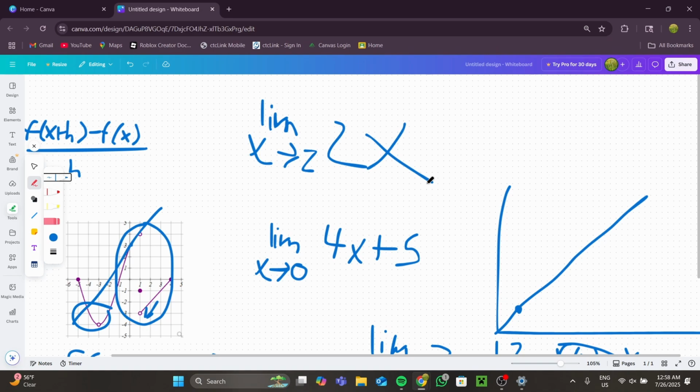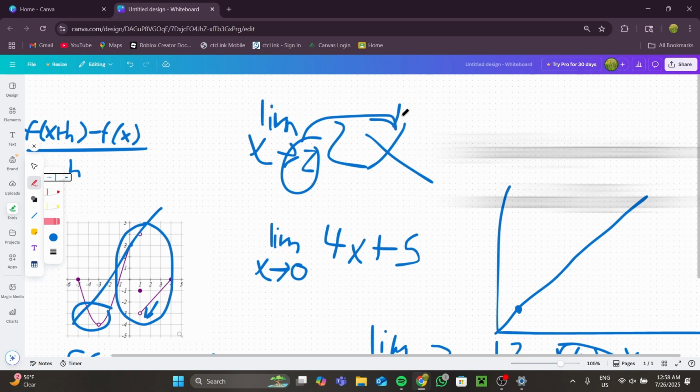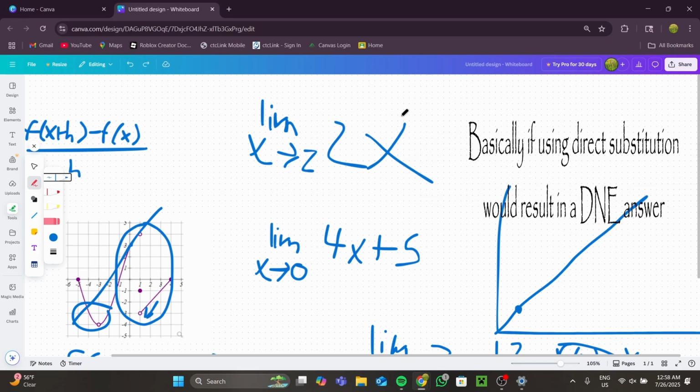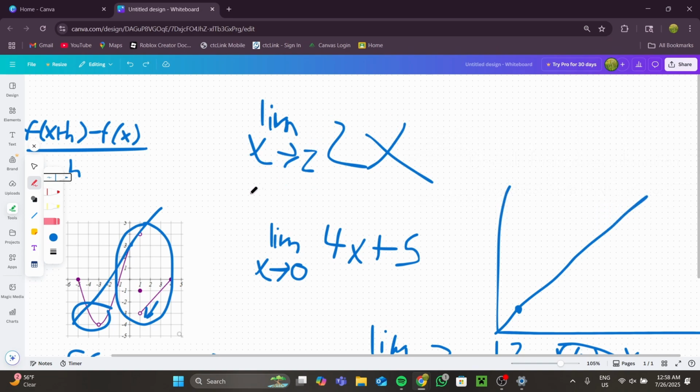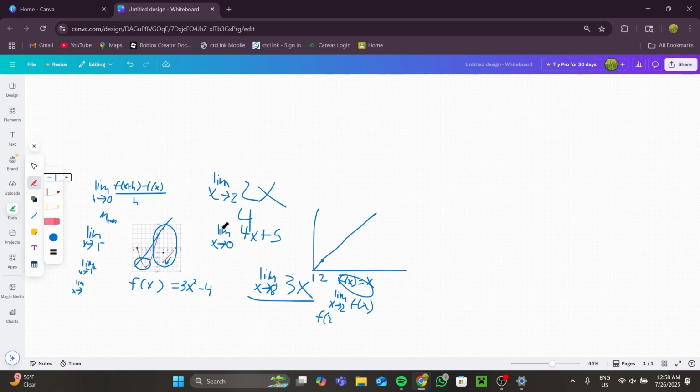When it's really basic like this, when it's straightforward, if you can replace x with 2 directly without any problems, then you should do that. So the limit of that would obviously be 4.